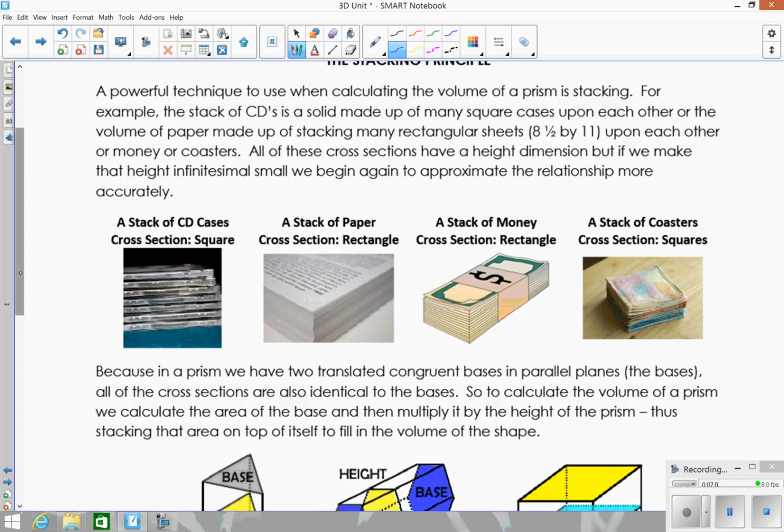So if I have this stack of paper, like an 8.5 by 11 piece of paper, and you want to find the volume of the stack, you find the area of each cross section, which would be the same because they're all congruent rectangles. Then if you just multiply it by the height, that would find the volume, because it really is telling you how many sheets of paper are in that stack.